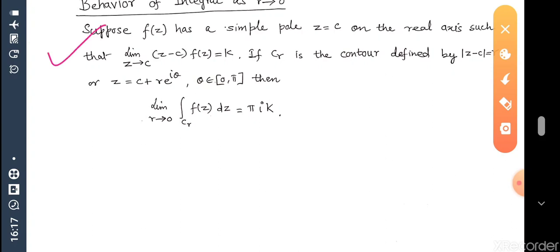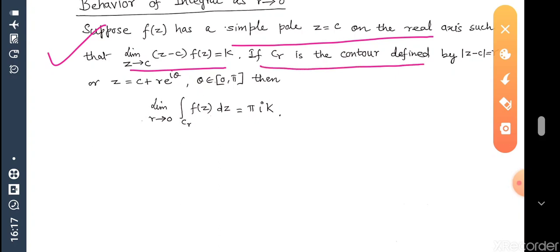This theorem states that if f(z) has a simple pole z equal to c which lies on the real axis and the residue at the pole of this function is equal to k, then the integral of this function along a semicircle c_r whose center is at z equal to c, the value of this integration of f(z) dz is equal to pi i times k.